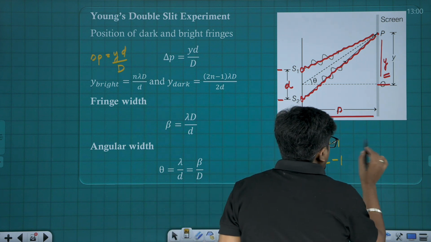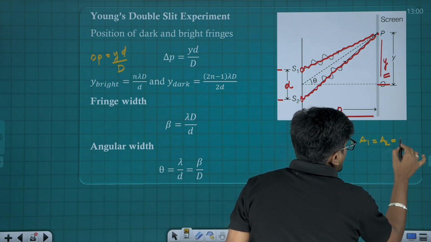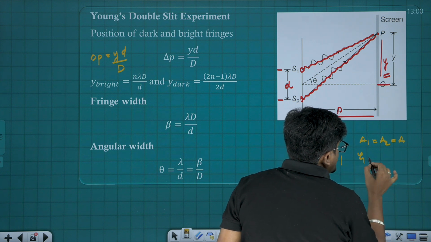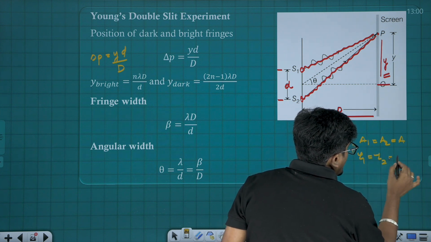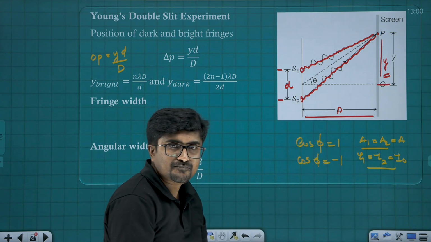S1 and S2 are identical sources. That means A1 is equal to A2, we can take it as A, or I1 equal to I2, we can take it as I0, because the sources are identical.